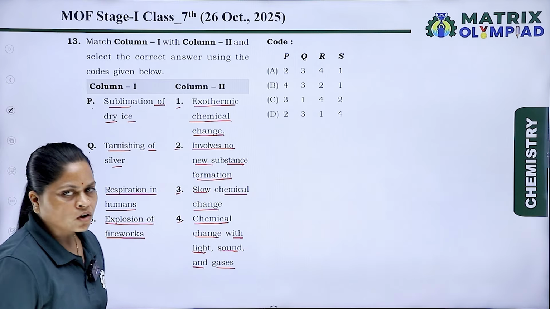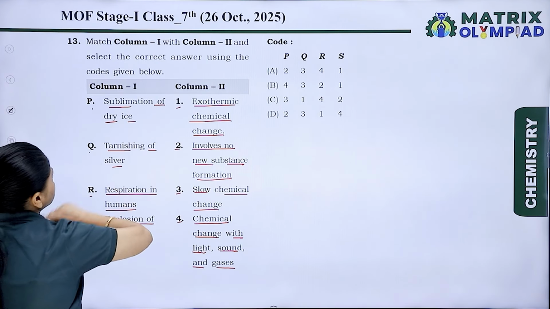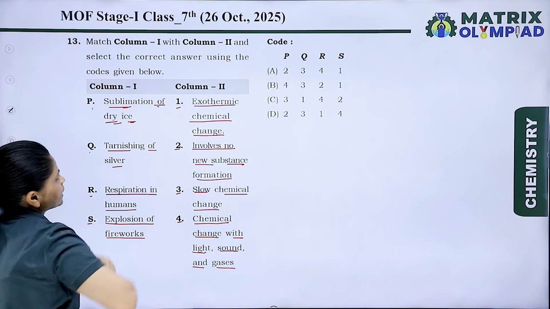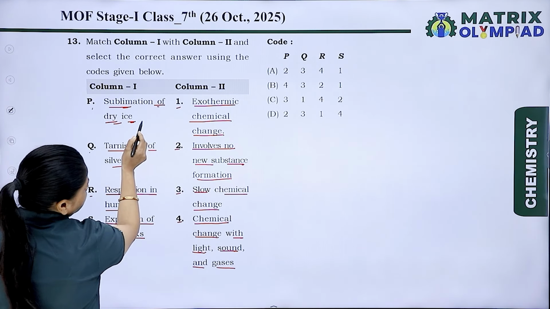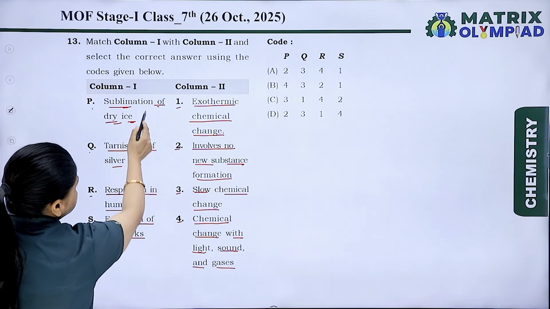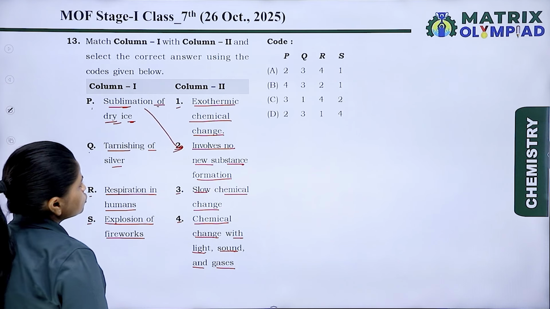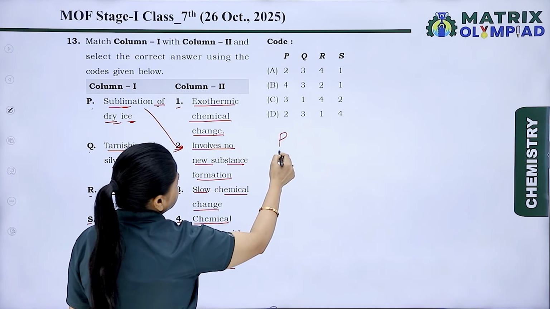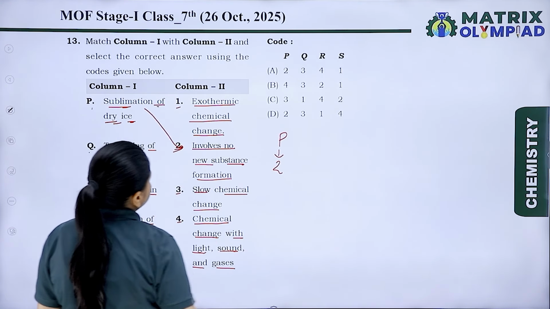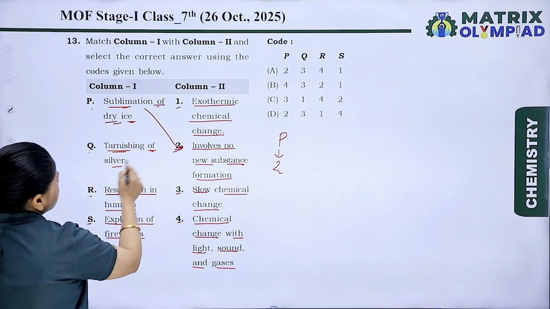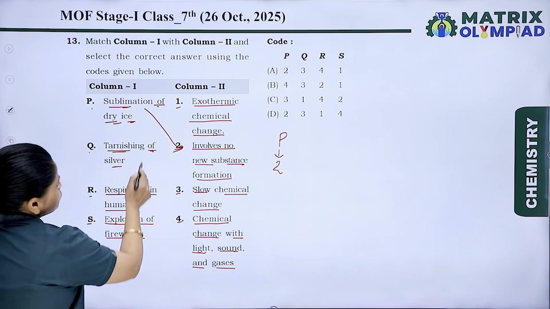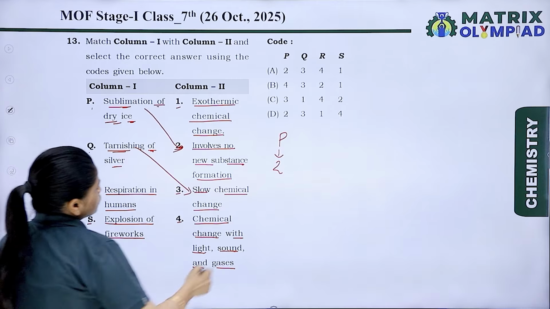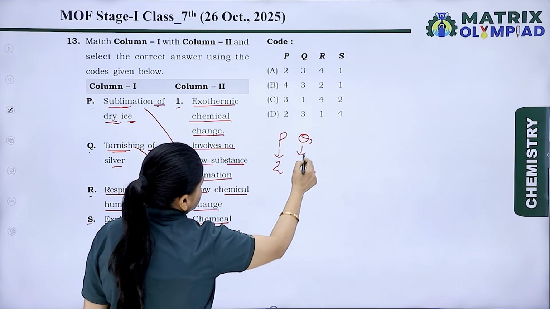Let's match the columns. P, sublimation of dry ice. It is a physical change, so no new substance is formed. So P matches with second. Q, tarnishing of silver, this is corrosion, and corrosion is a slow chemical change, so Q matches with 3.